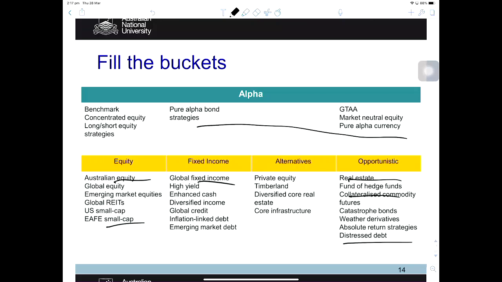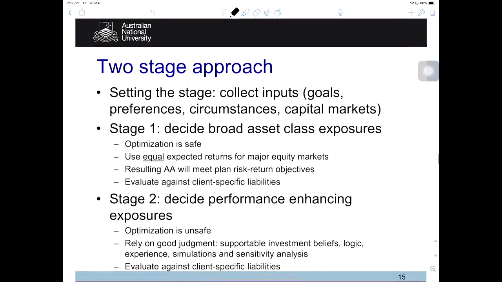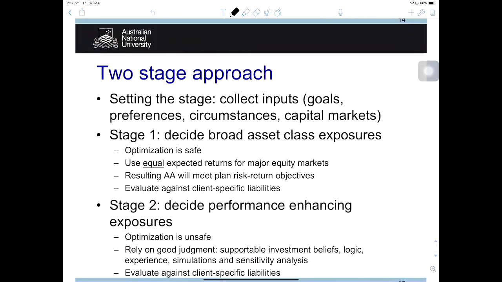So based on this fill the buckets framework, you have a complete set of investment strategies or investment opportunities for the investor to choose from. But it does not produce any asset allocation at all.